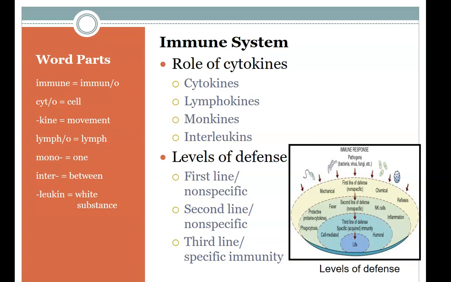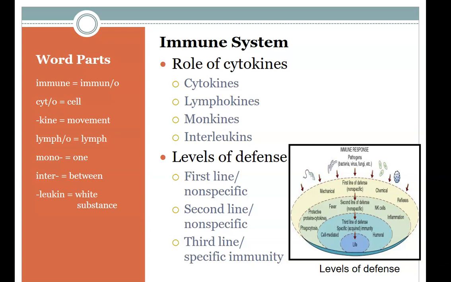Lymphocytes secrete lymphokines, and monocytes and macrophages secrete monokines. The interleukins are a type of cytokine that sends messages between leukocytes to direct protective actions.